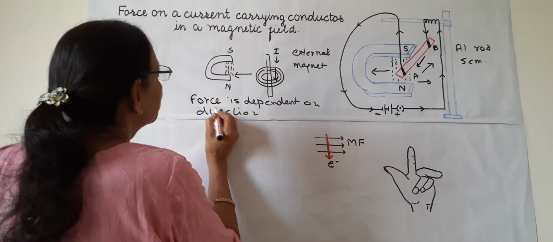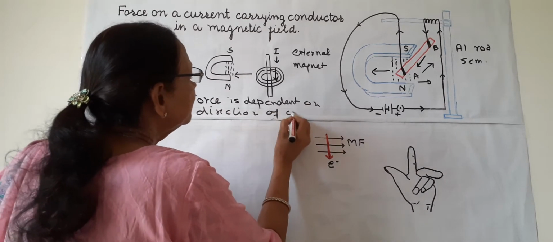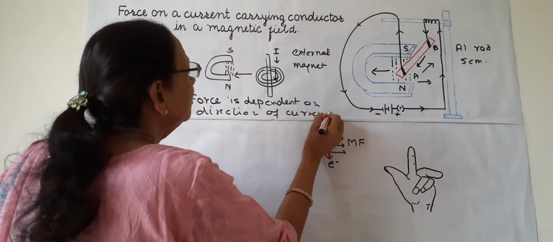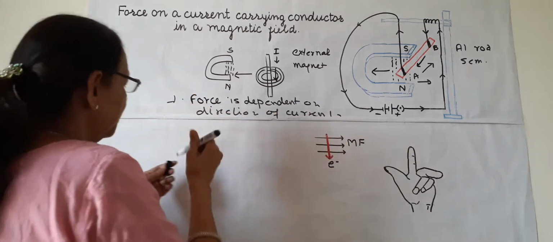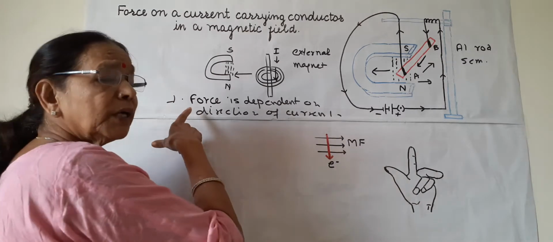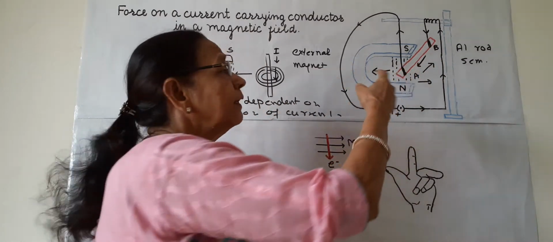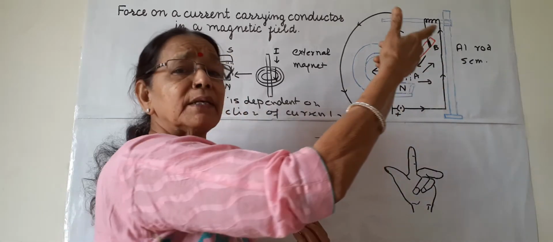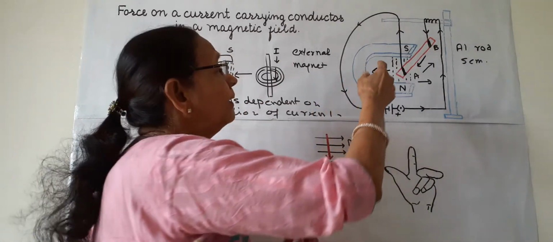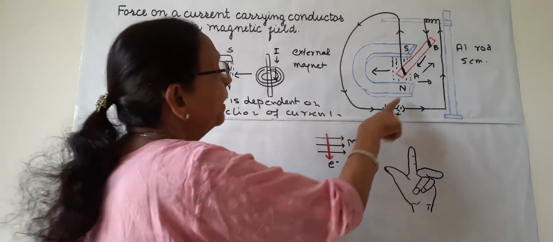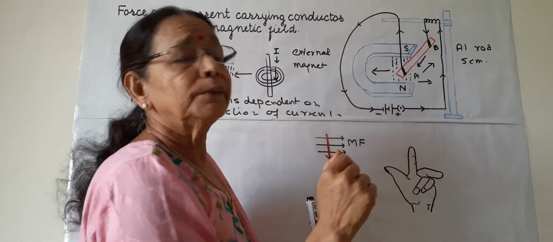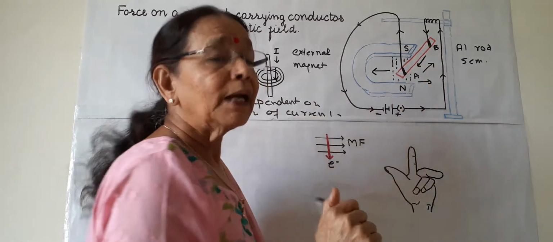This is the first point. If the current is changed, the direction of the force is changed. What are we calling force? The displacement of the rod is force. The rod displaces due to force, and this force is dependent on the direction of current.